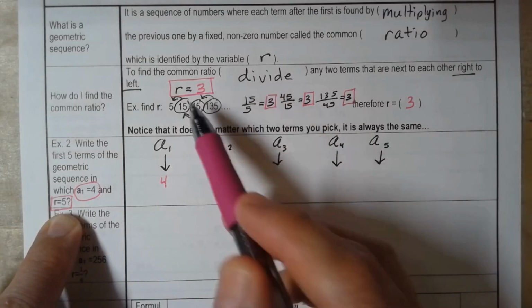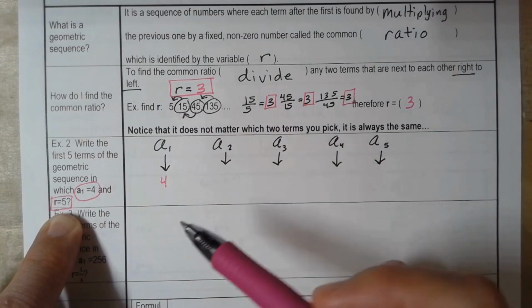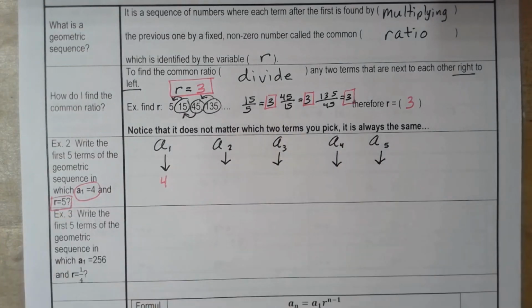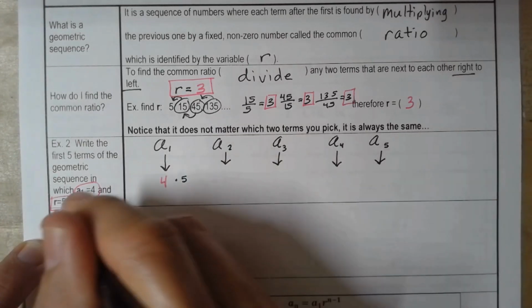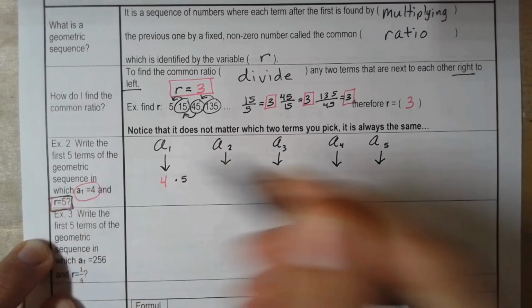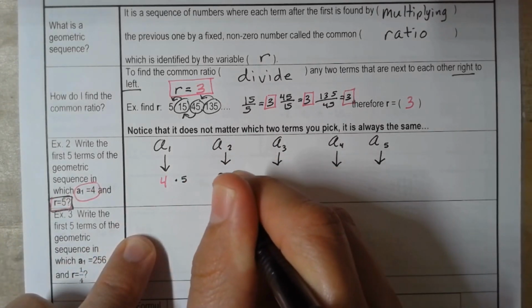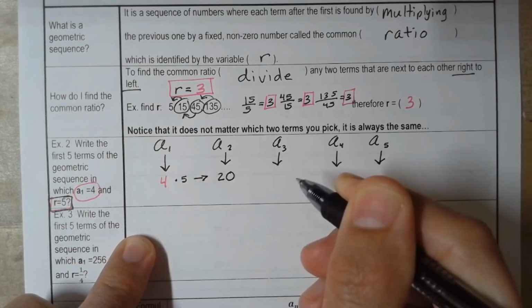So if we know the ratio and we want to find the next number, we do the opposite of division, which is multiplication. So simply we're going to take this 5 and multiply it to our a sub 1. So there's my common ratio. I'm actually going to box this in black. So 4 times 5 is going to give me 20.